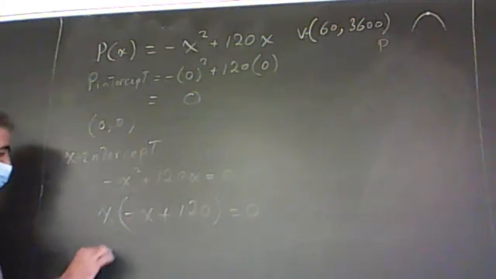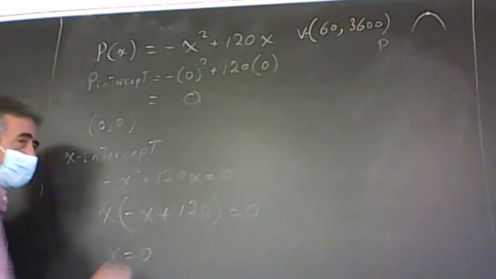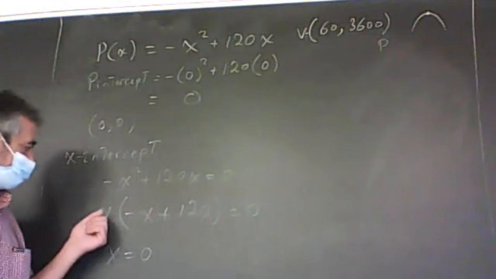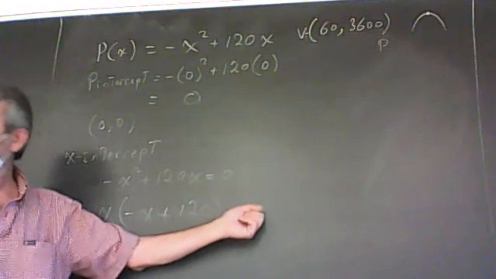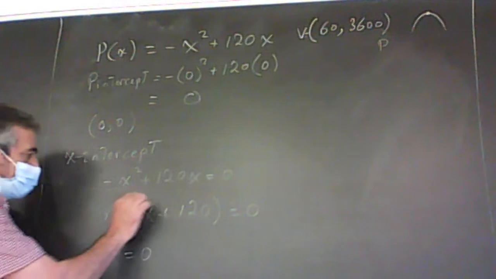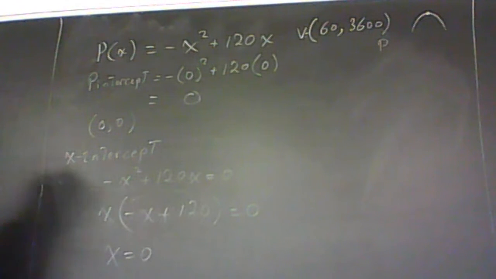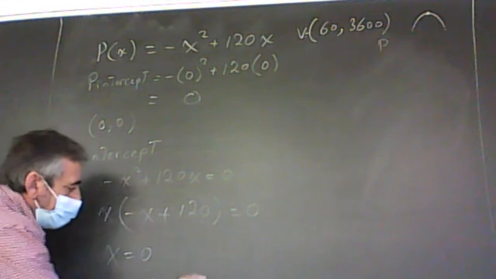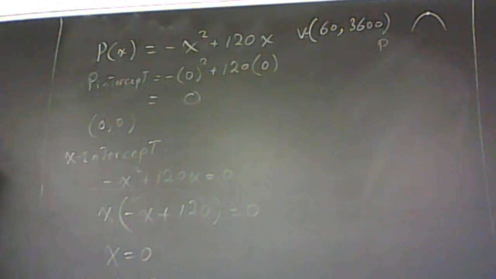So the first one is x. So x is 0. If x is 0, then the whole thing is 0, because 0 times a number is equal to 0. The other option is this factor is equal to 0. So I have minus x plus 120 equals 0.